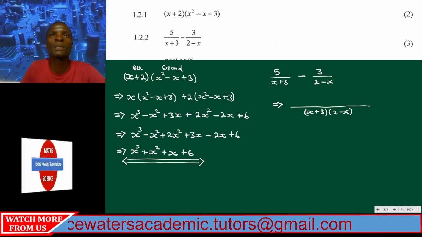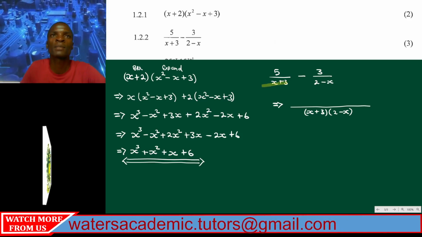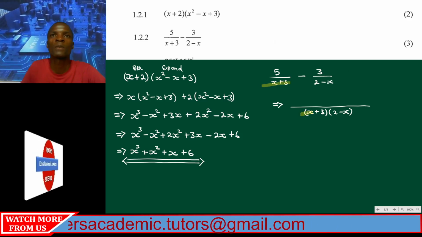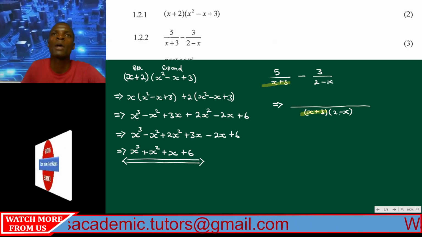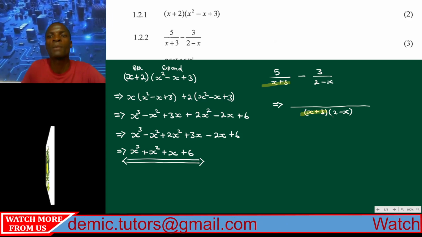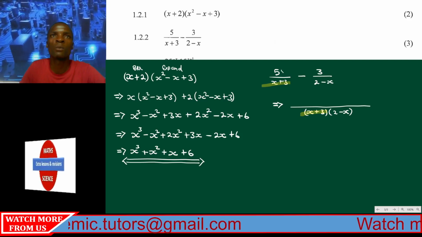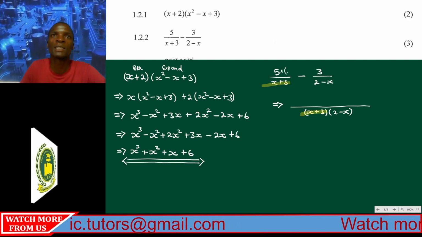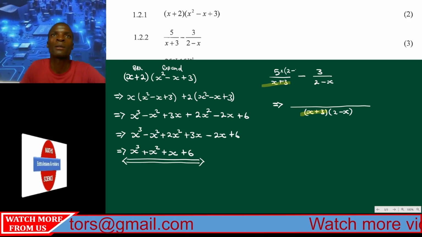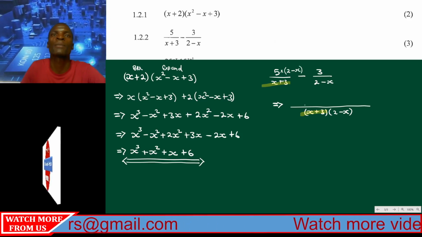So we take x plus 3 into the whole of the common denominator, so you find out x plus 3 will go, and we are remaining with 2 minus x. So what is remaining, please take it and use it to multiply the numerator of what comes out. So it multiplies the numerator 5. That's 2 minus x.